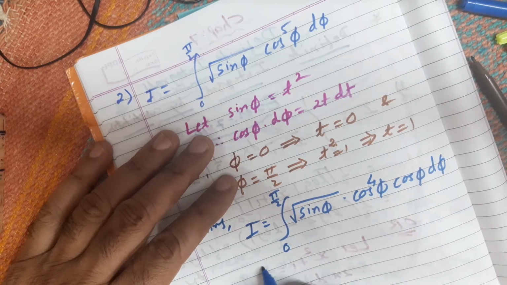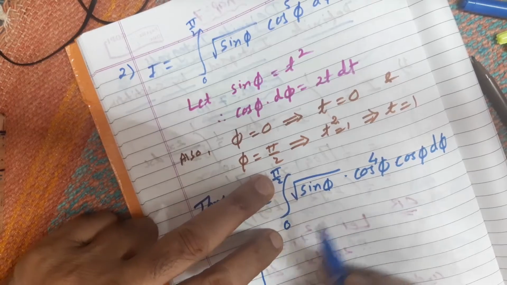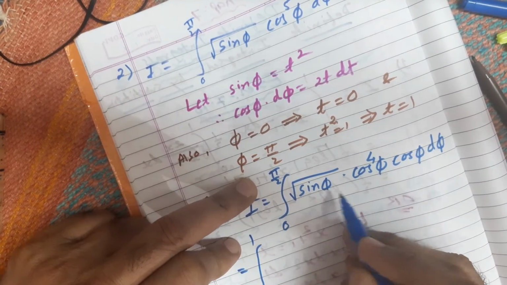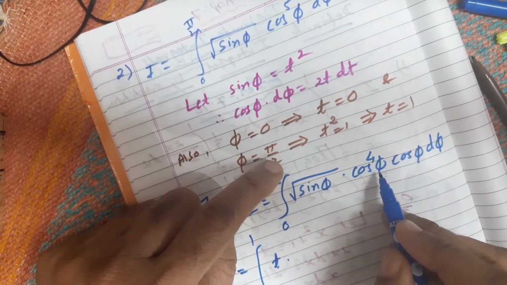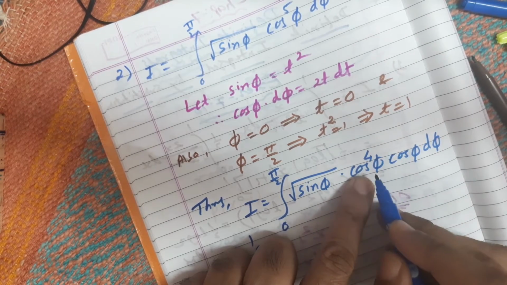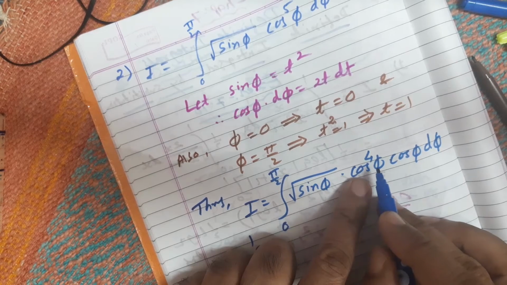Now I put everything in the new variable. 0 to pi by 2 will become 0 to 1. Now under root of sin phi will be what? t. Now what about this thing? It will be cos square, the whole square. Now what is cos square?